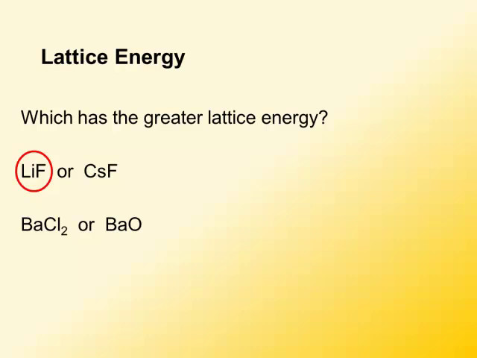We're looking at each single ion in each example. So a -2 on oxygen is more charge than a -1 on a chloride. Magnitude of charge of the ions is directly related to the lattice energy. Since oxygen carries more charge than chlorine, barium oxide has a greater lattice energy.